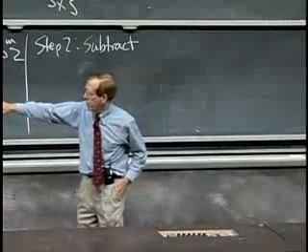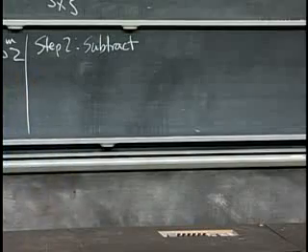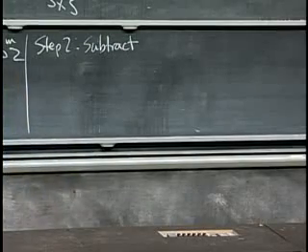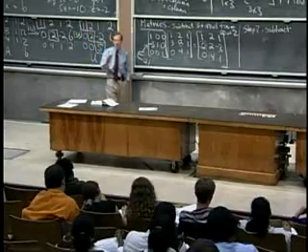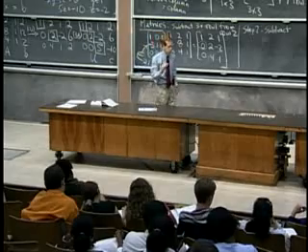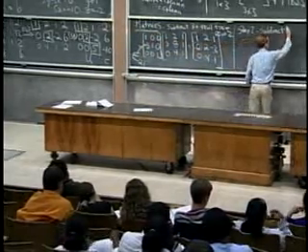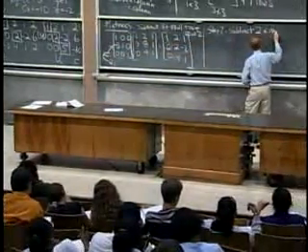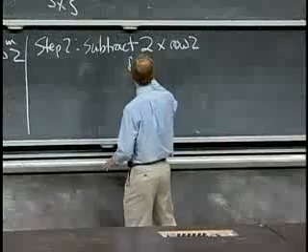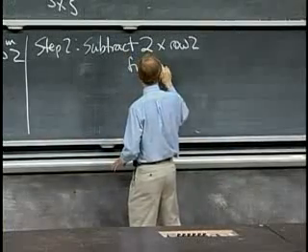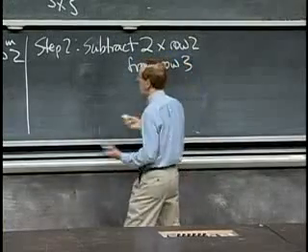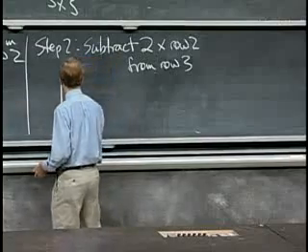I had a 2 in the pivot and a 4 below it, so I subtracted 2 times row 2 from row 3.